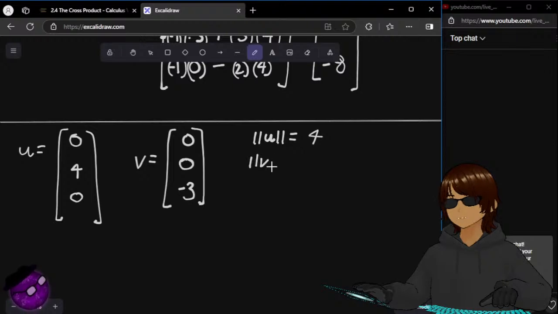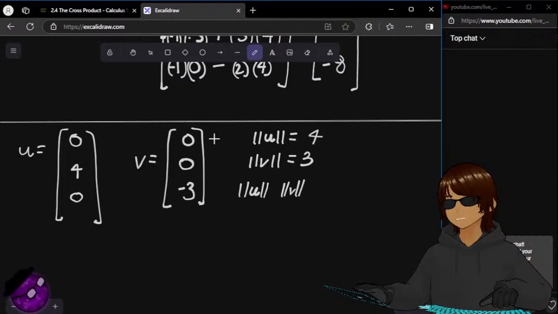The magnitude of v is 3. These two are orthogonal, right? So sine of 90 degrees is 1, which is just 4 times 3, which is 12.